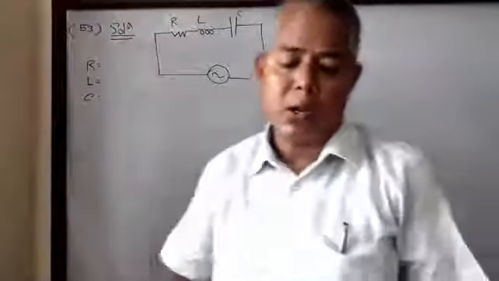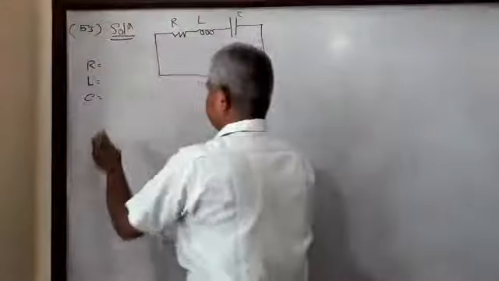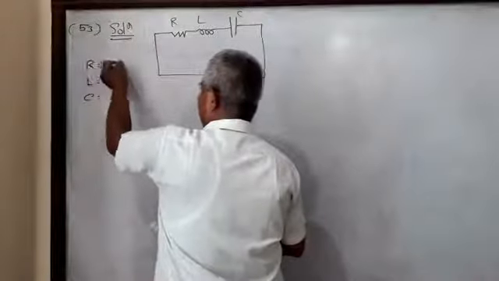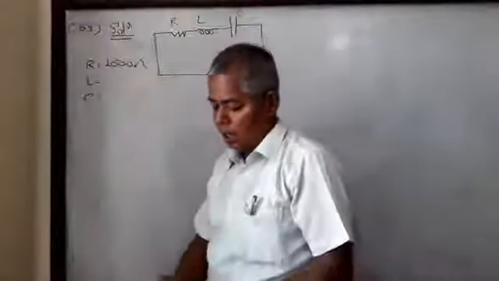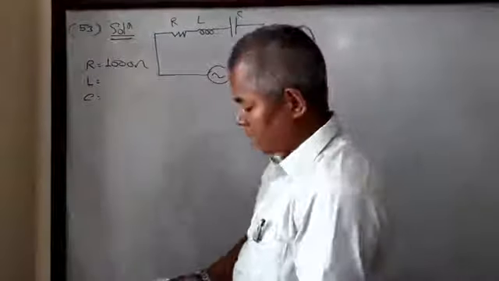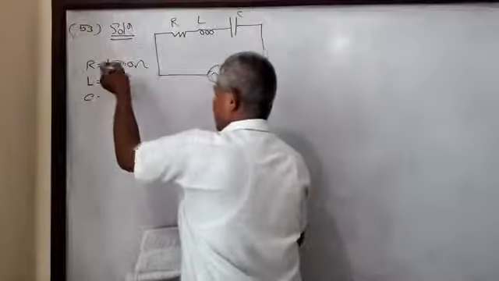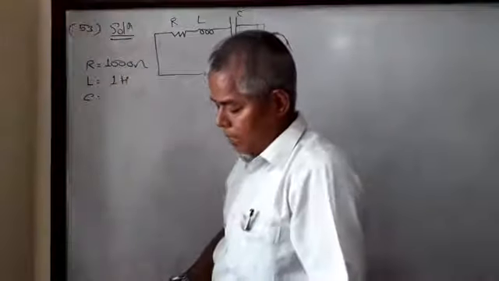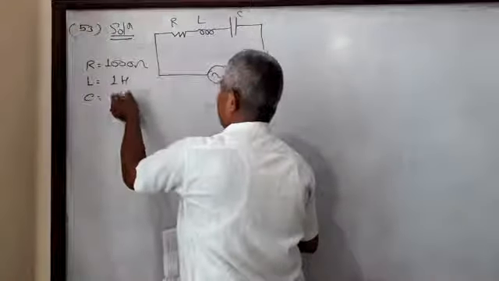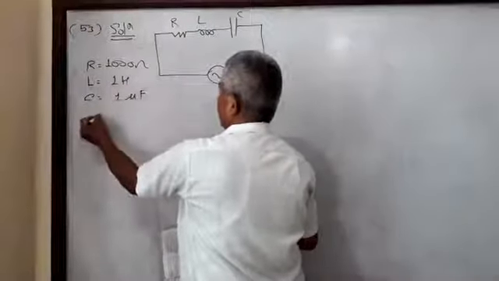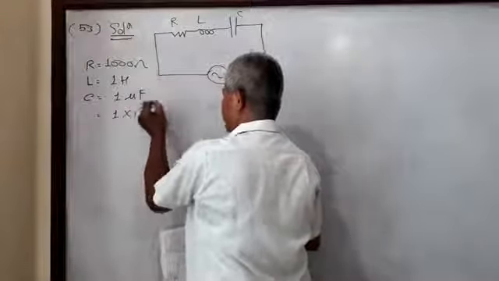R has value 1000 ohm. L has value 1 Henry. And C has value 1 microfarad, which is equal to 1 into 10 to the power minus 6 farad.